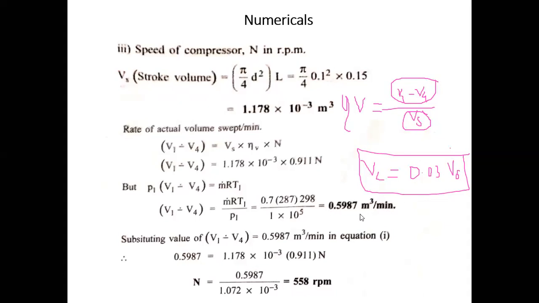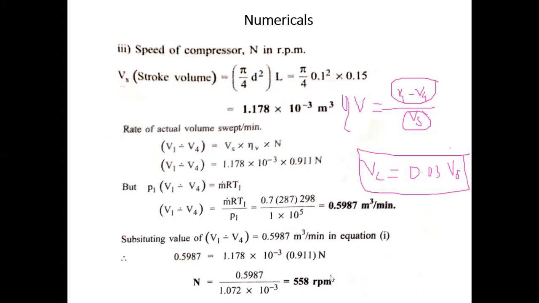Once you find this, you just put it in this formula and we can find out the RPM of the compressor. So V1 minus V4 is 0.5987 meter cube per minute, which is equal to the volumetric efficiency, 0.911, into stroke volume, 1.178 into 10 raised to minus 3, into number of RPM.